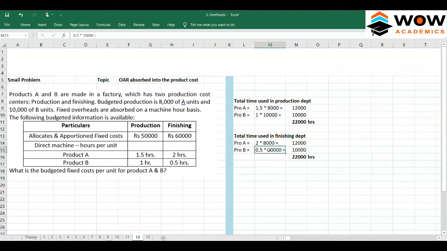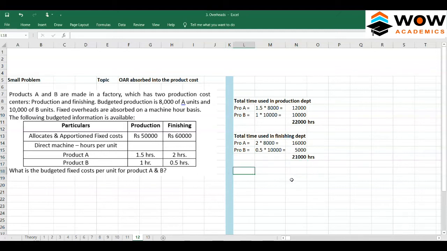So the total time would be 5,000 for B and 16,000 for A. So totally it's going to be 21,000 hours.